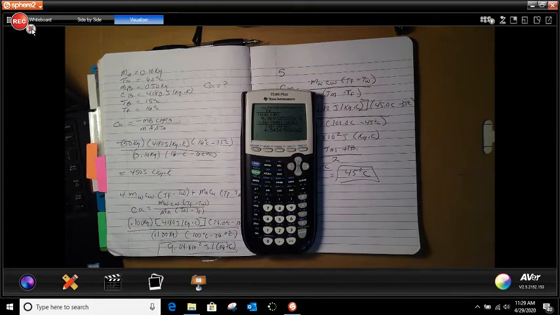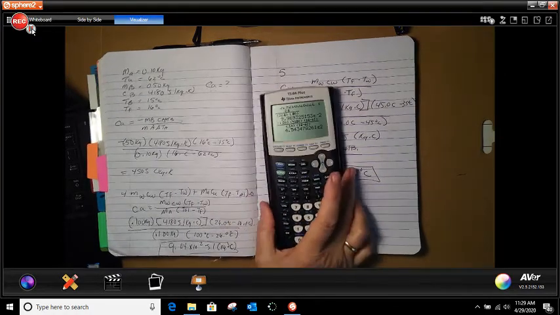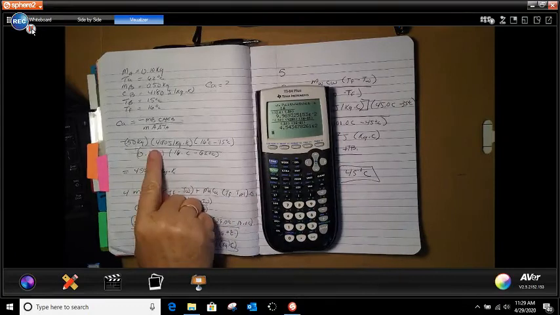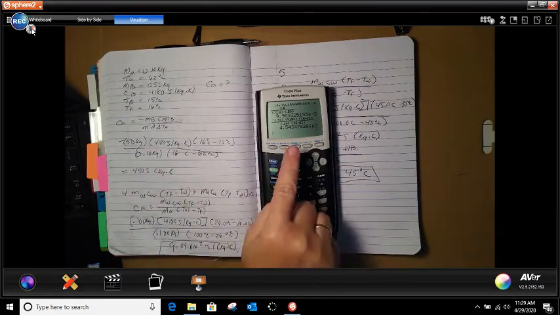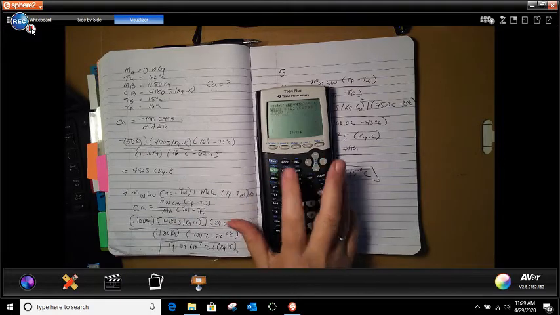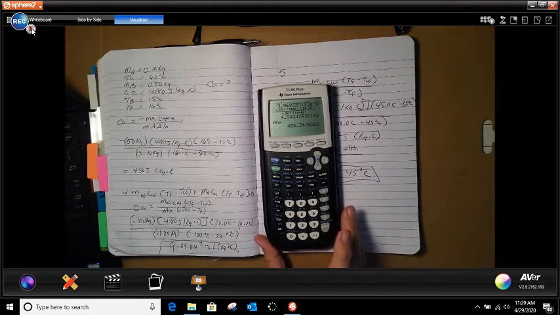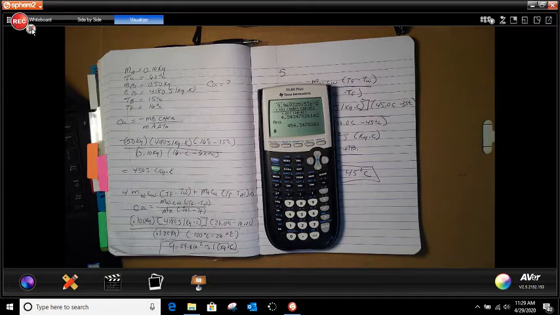I put it in my calculator and just plugged it in just like it shows you here, okay? And I got 4.54 times 10 to the second. If you change your mode and move it to normal, you should get the same answer I got there. So that is our answer.